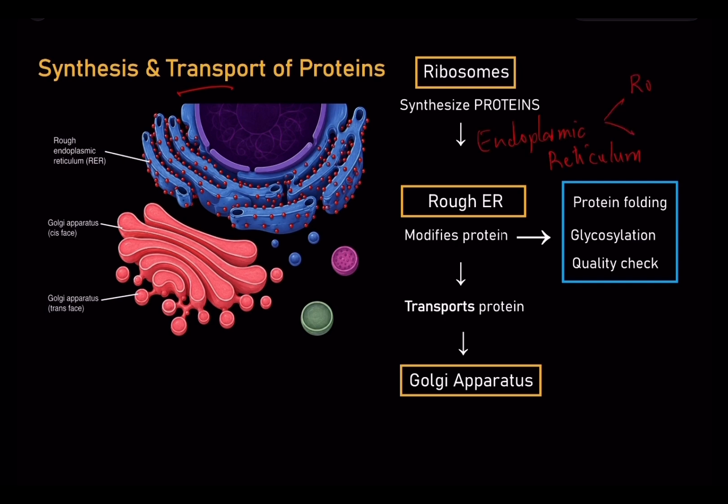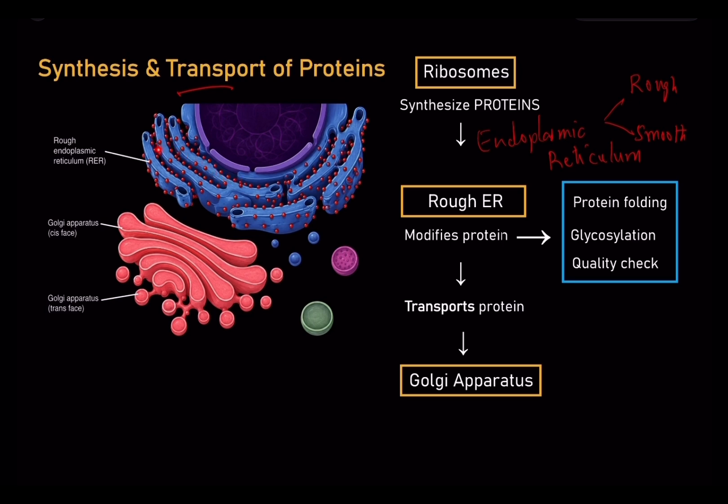We have the rough endoplasmic reticulum and we have the smooth endoplasmic reticulum. I've already told you why it's called rough, because of the studded ribosomes it has on its surface. The ribosomes on the surface give it a bumpy appearance under an electron microscope, and therefore it's called rough ER. Smooth endoplasmic reticulum does not have ribosomes on it.